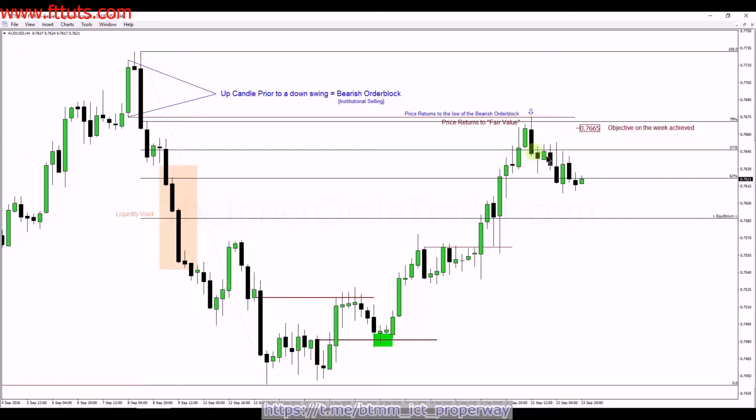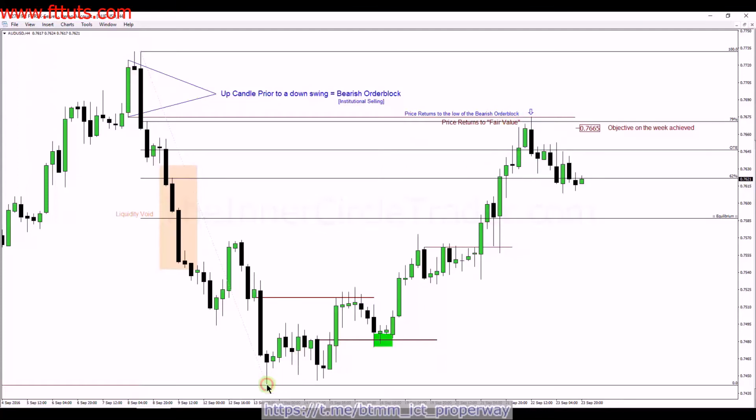So we're in premium here. We're below equilibrium down here, so we're at a discount relative to the range, looking at the low to high. This is where the premium's built in.